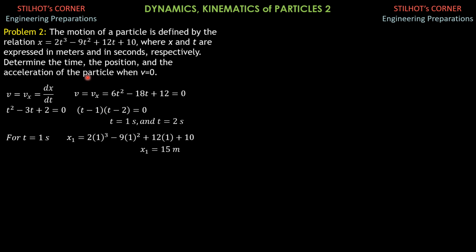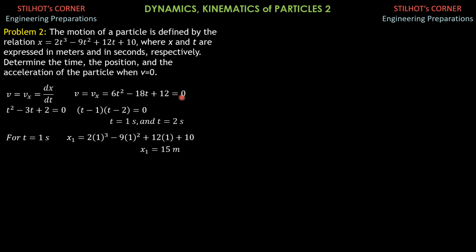Then for the acceleration, we have to derive the expression for acceleration. That acceleration is simply the derivative of velocity, this expression here, with respect to time. So acceleration is also a sub x equals the derivative of v sub x with respect to time.